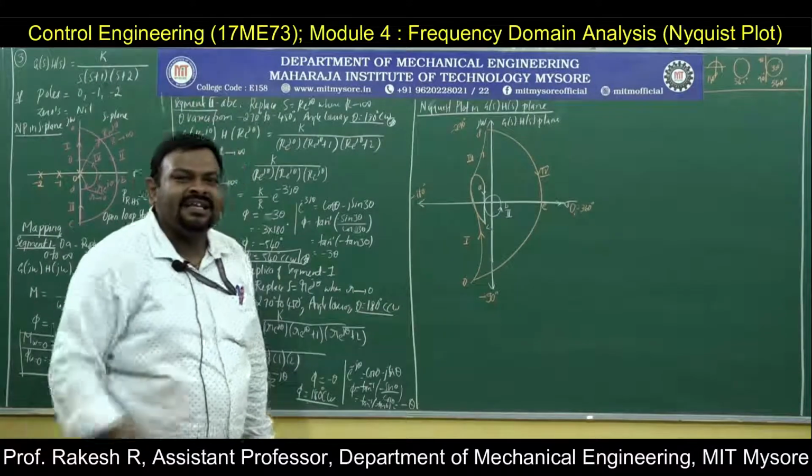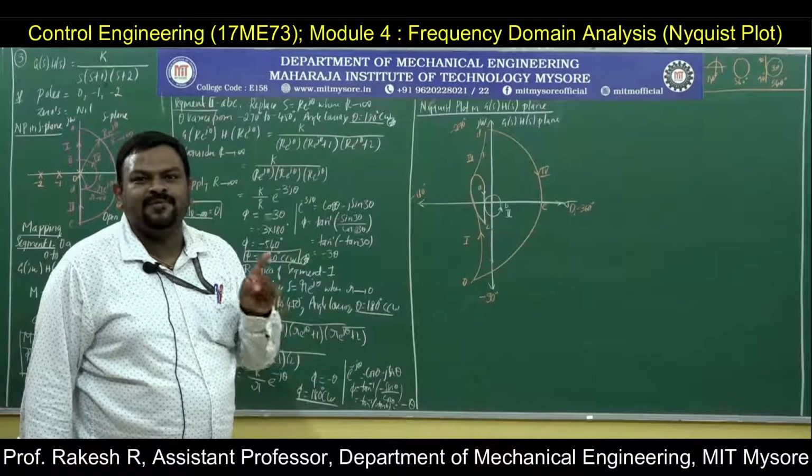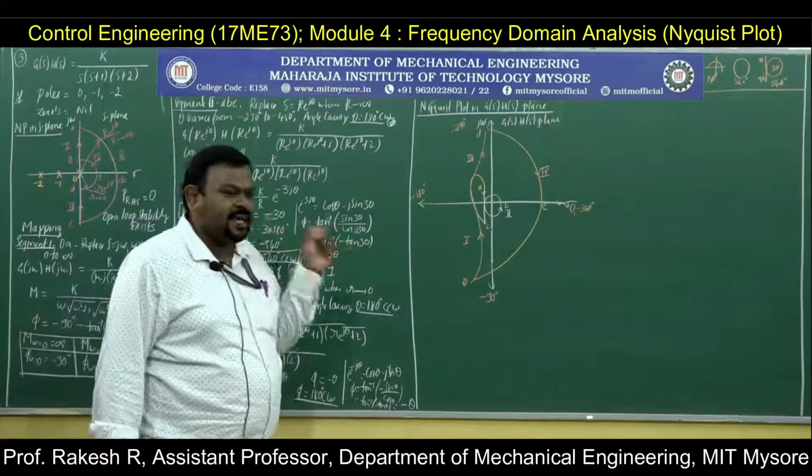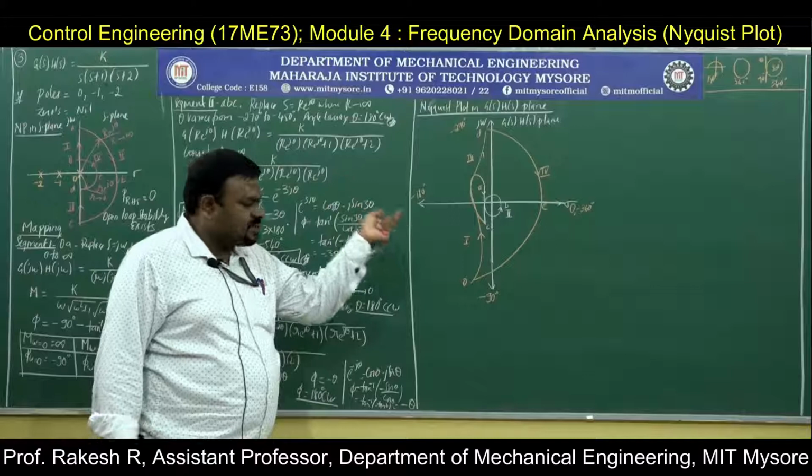you have to locate the critical point minus 1 plus j0 here. The same what we solved in first problem, the same case.